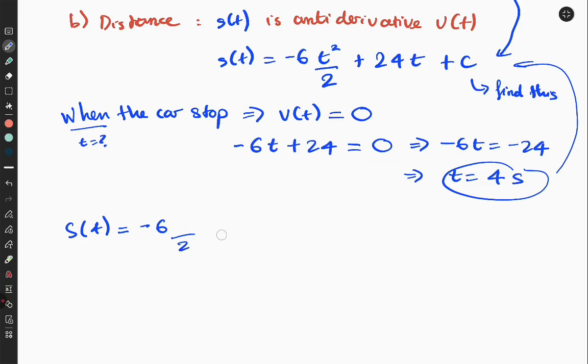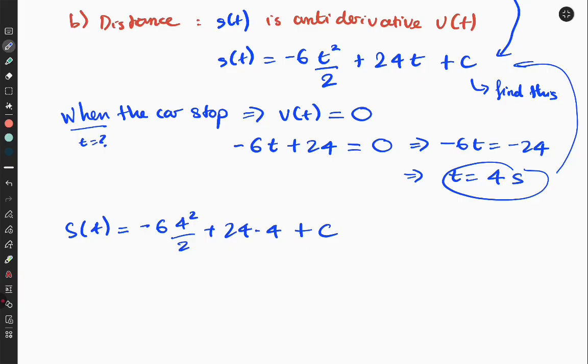Oh, actually, and that c, now I'm going to give it to you. For all the distance problems, you need the initial condition, same as with velocity. For a position, the initial condition always gives you c equals 0.